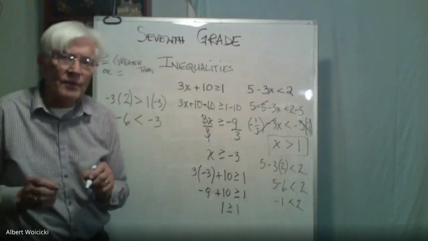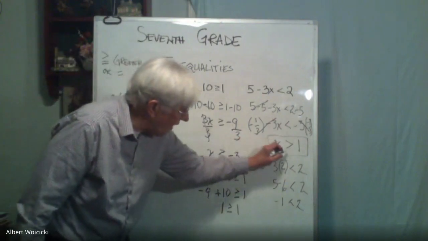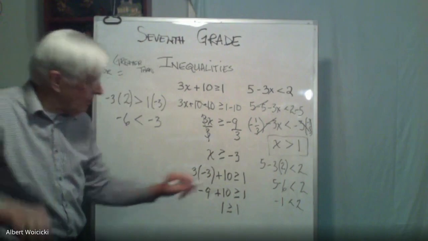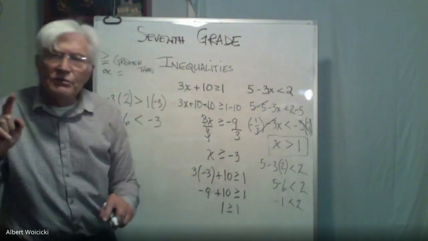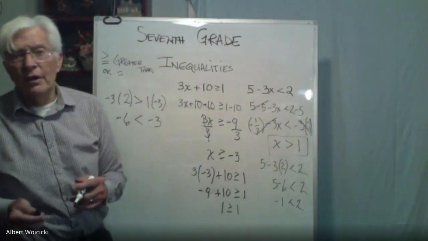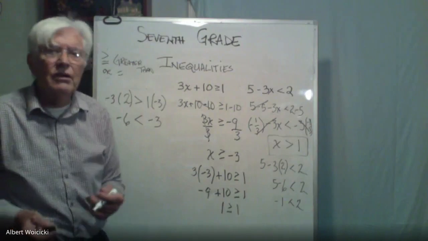Really careful. Observe what it says. It says x is greater than 1. So I have to find a number to put into my check that's bigger than 1. And I chose 2 because it's easy to work with. I could have chosen 10 or 100, but 2 is easy.